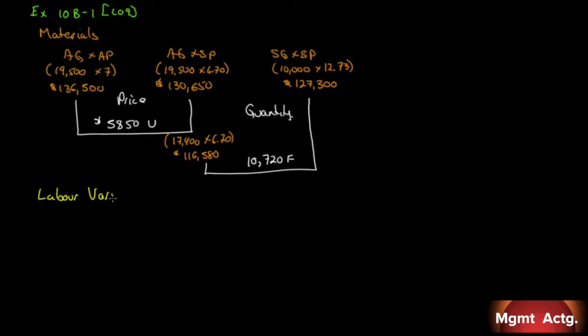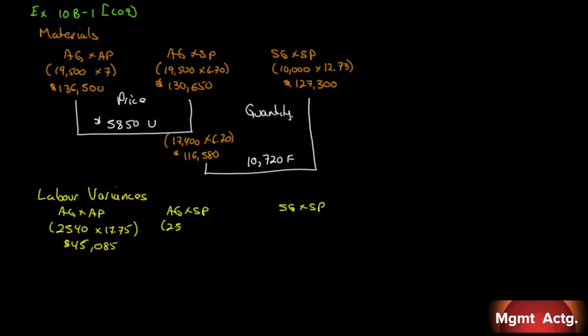Now let's do our labor variances. We have actual quantity times actual price compared with actual quantity times standard price compared with standard quantity times standard price. The question tells us that we incurred 2,540 direct labor hours at $17.75 for a total of $45,085.